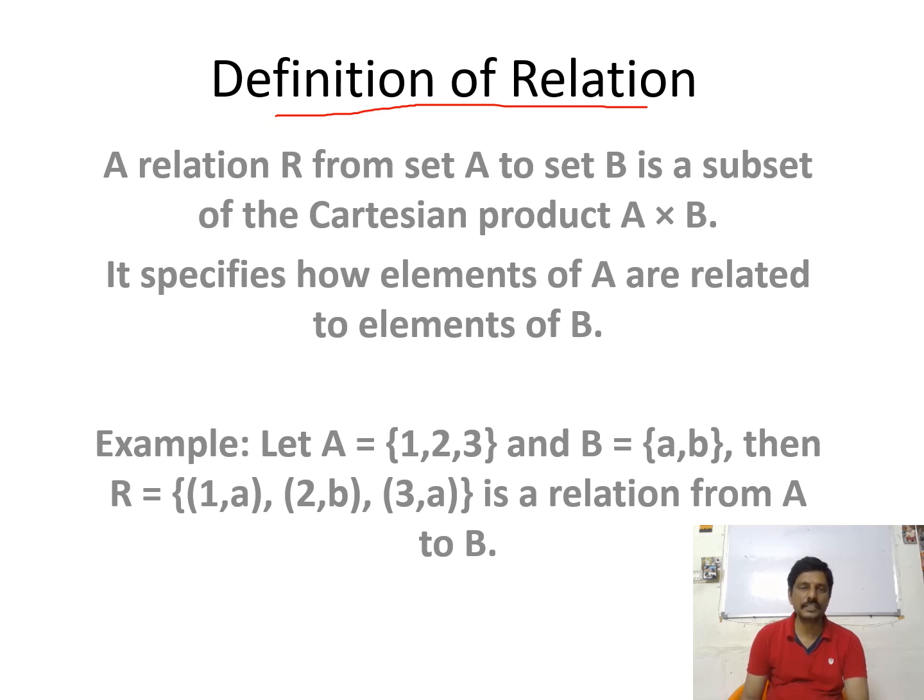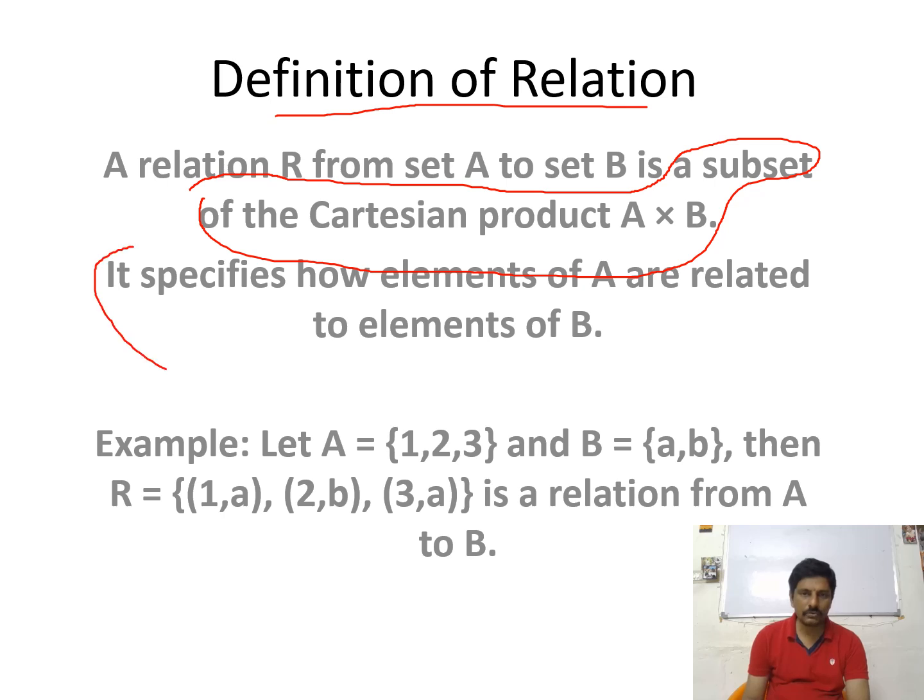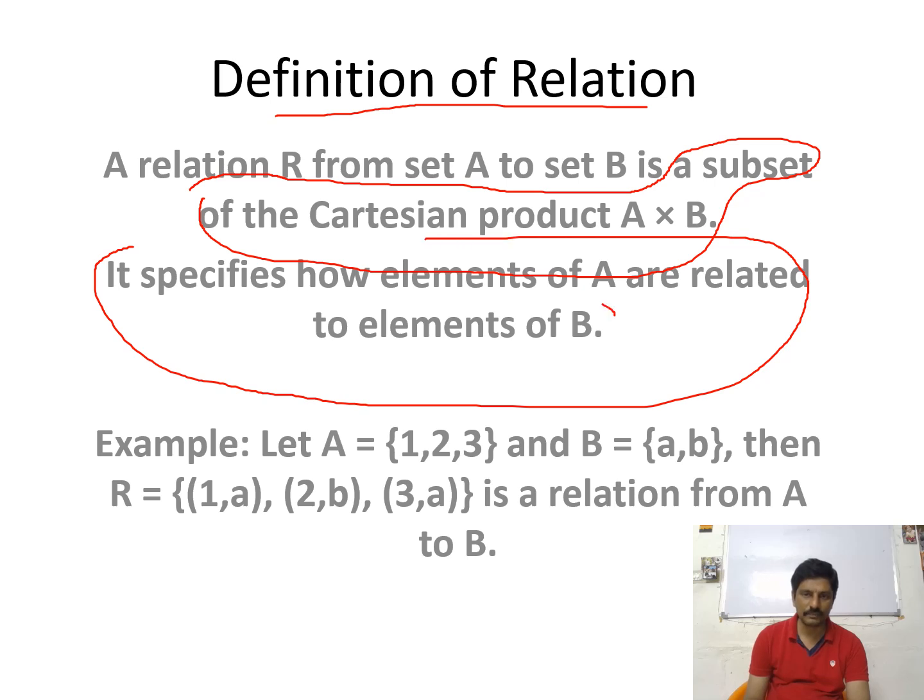Relation from set A to set B is defined as a subset of the Cartesian product A cross B. That means it specifies how elements of A are related to the elements of B, and by what rule.